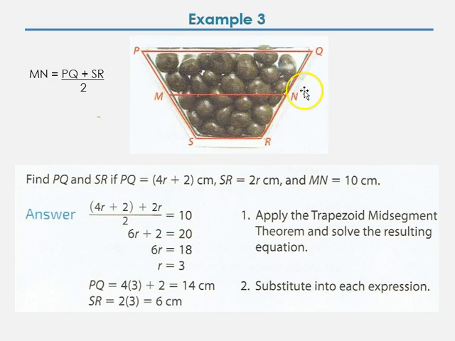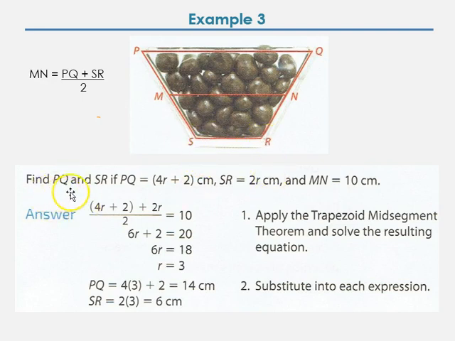So MN, which is the mid-segment, equals PQ plus SR divided by 2. Now you may have noticed already that in the formula, they used the larger base and then added the smaller base. It doesn't matter. That's just a way to make the formula line up the same for everybody. If you add the smaller base first, that's fine.